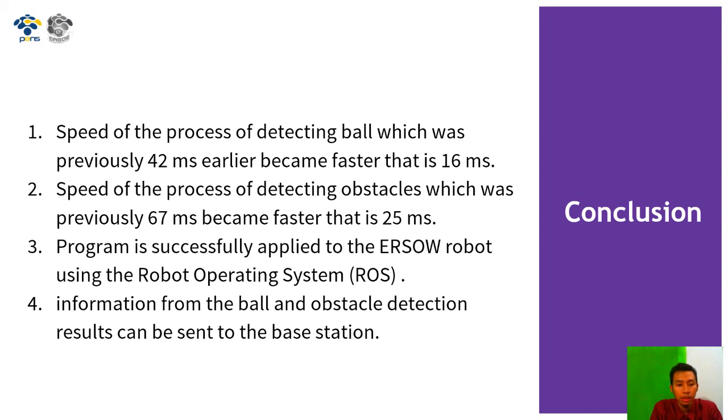And then the speed of obstacle detection, which was previously 67 milliseconds, became faster. That is 25 or 23 milliseconds, as we can see before. And the program is successfully applied in the ERSOW robot using Robot Operating System, and information from the ball and obstacle detection can be sent to the base station.